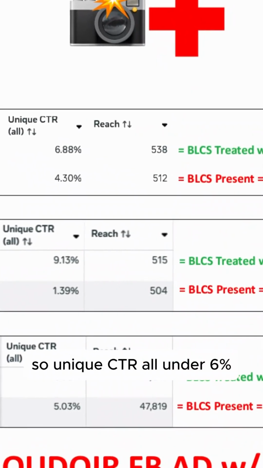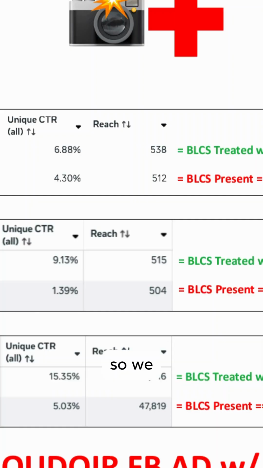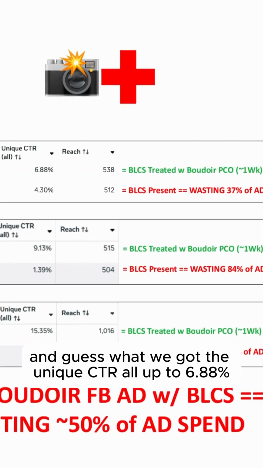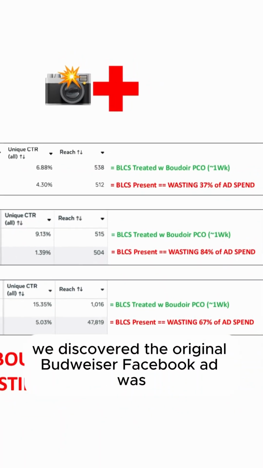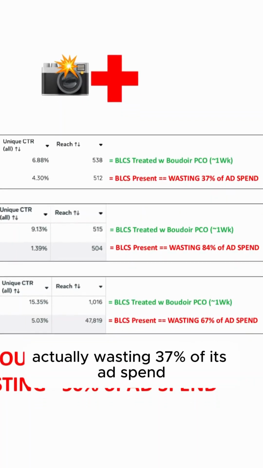So unique CTR all under 6%. We know that BLCS is present, aka Boudoir low click syndrome. So we got the treatment, treated with Boudoir Pico. Takes about a week. And guess what? We got the unique CTR all up to 6.88%. So we discovered the original Boudoir Facebook ad was actually wasting 37% of the ad spend of what it could have been achieving.